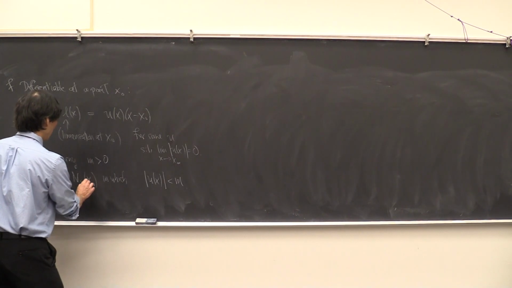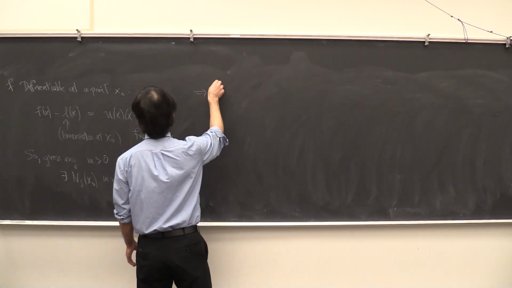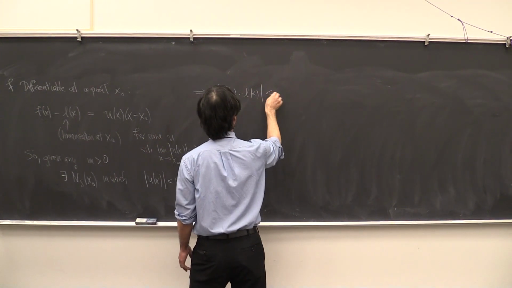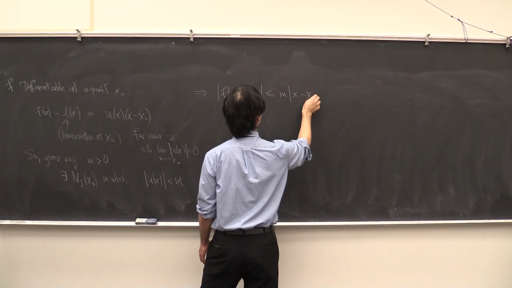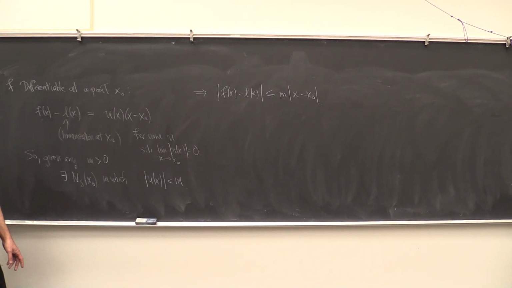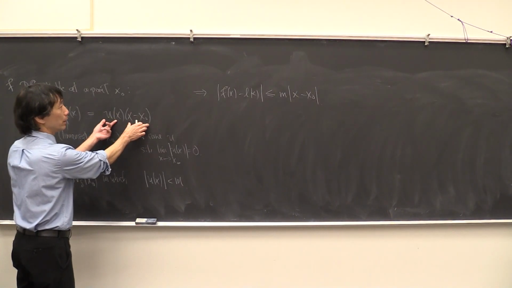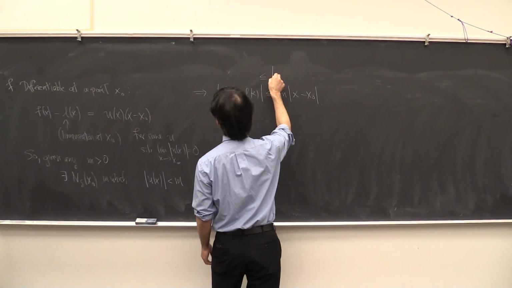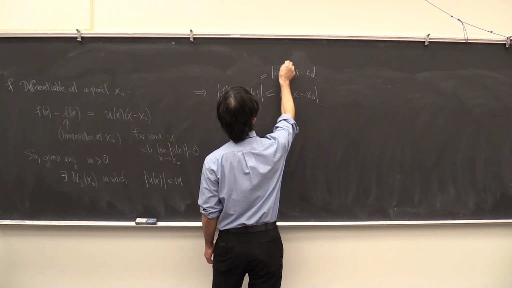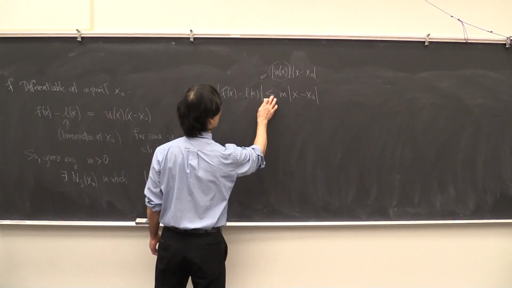In other words, f of x minus L of x is going to be smaller than m times the absolute value of x minus x naught, because f minus L equals u times x minus x naught. Strictly smaller, it doesn't matter.